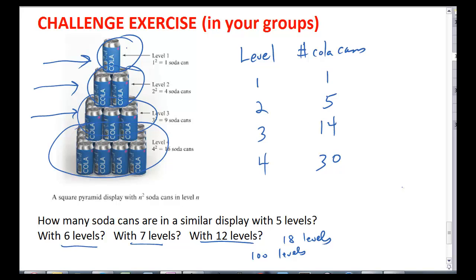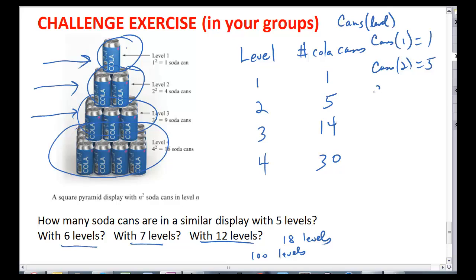Can you come up with a function that, given the number of levels, returns the number of cans? Let's say we called that function cans of level. We want to be able to say that cans of 1 equals 1, cans of 2 equals 5, cans of 3 equals 14, and so on.